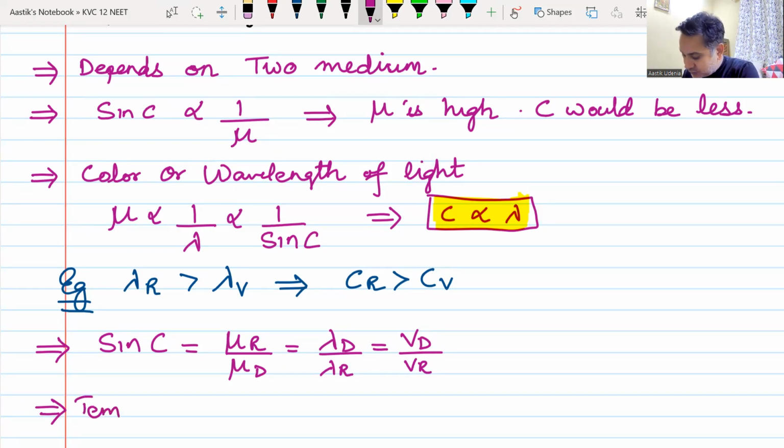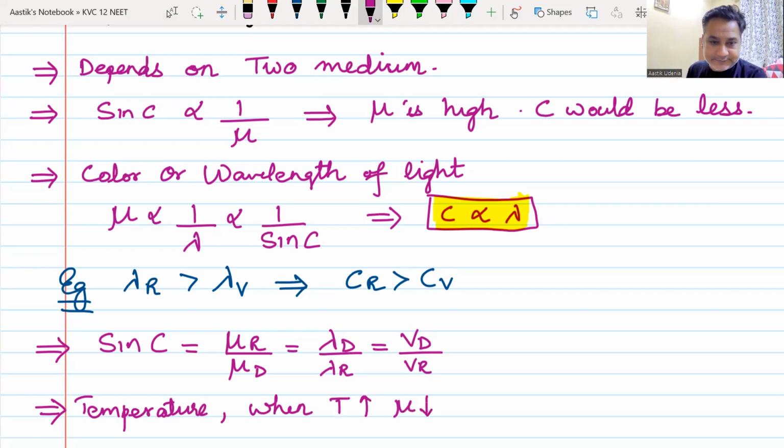Critical angle also depends on the temperature. Information-based question. When temperature T increases, refractive index decreases, and therefore the critical angle increases.